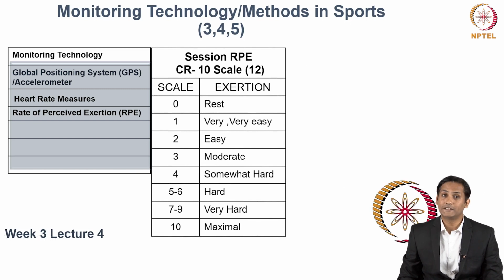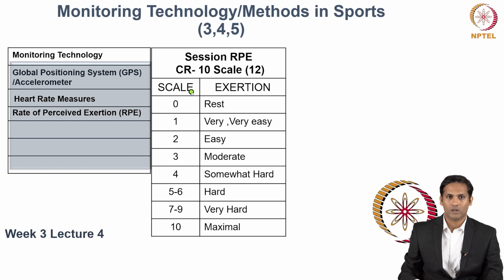Let's use session RPE as a monitoring method. Before we go ahead, you have to be aware that the session RPE category ratio 10 scale is different compared to the RPE category ratio 10 scale.